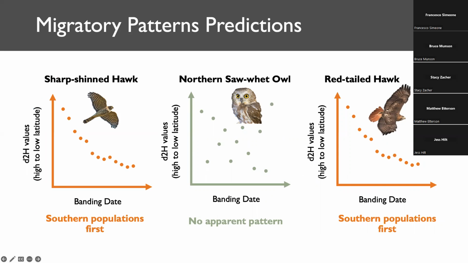But for Northern Saw-whet Owls, we didn't necessarily expect to see a significant trend due to their somewhat nomadic behavior. The graphs that we're about to look at are going to be just the same as this. It's going to have banding date on the x-axis and then the isotope values, and we'll look to see whether there's a downward trend, upward trend, or no trend at all.